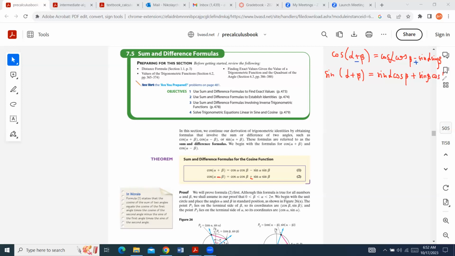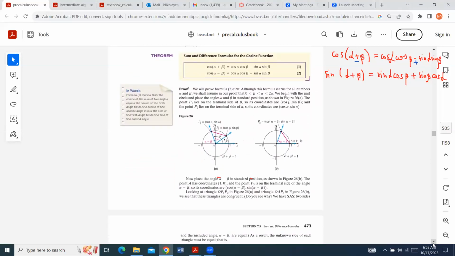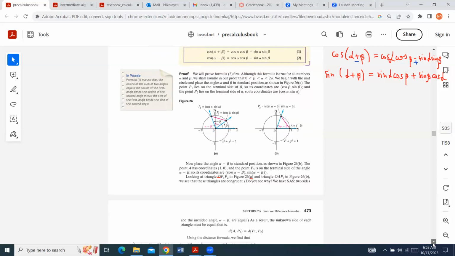So for cosine it is cosine cosine minus sine sine. So two cosines, two sines, but for sine they're mixed. And that's actually what happens in the next pages. So if you wish to actually read the justification for this, you can try to do this, but it will take you a little time.